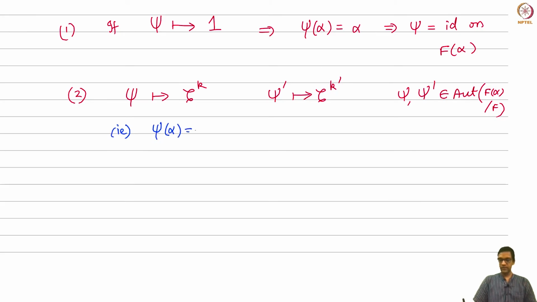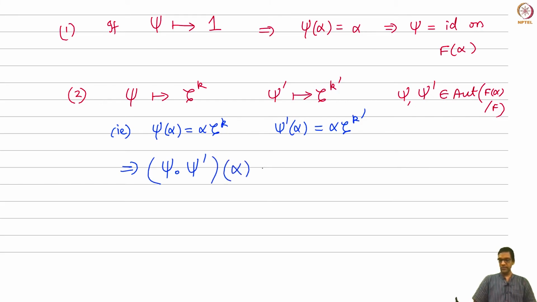In other words, psi of alpha is alpha zeta power k, psi prime of alpha is alpha zeta power k prime. Okay, so let's compute what the composition psi composed with psi prime maps to. Well, its value on alpha by definition is, I first apply psi prime, which is psi of alpha times psi of zeta power k prime.